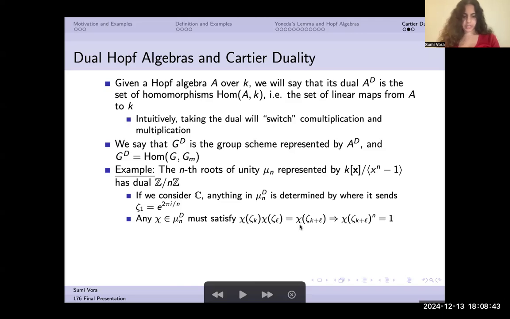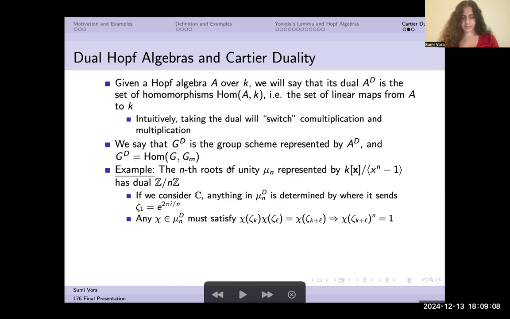So my point is that any homomorphism can send zeta 1 to only n different places in C in order to preserve the relations. So intuitively, that's why we can think about the dual as isomorphic to Z mod nZ when we're thinking about G_m over C, for example.